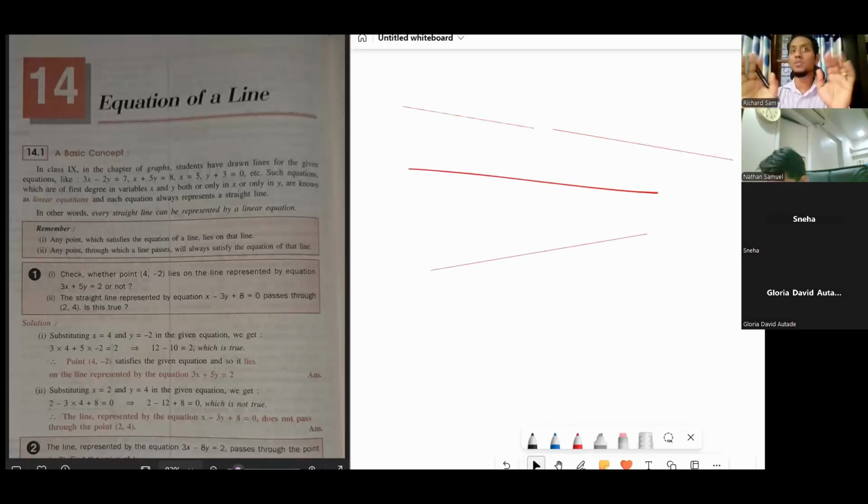See, the meaning of line is what? It doesn't have endings. Line segment has endings. In smaller classes, we have learned: if I put 2 points at the ends, it is called a line segment. If I put a point at one end and an arrow at the other end, which means it's not ending there, it's called a ray.